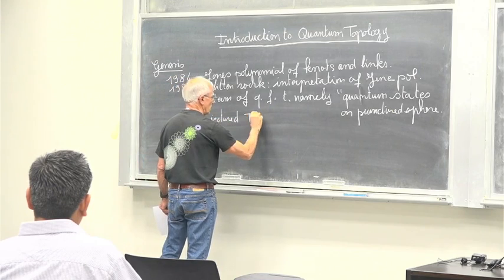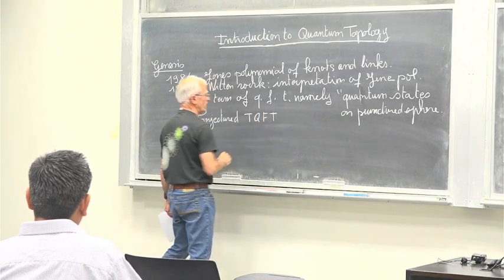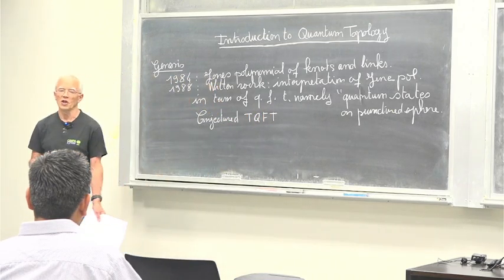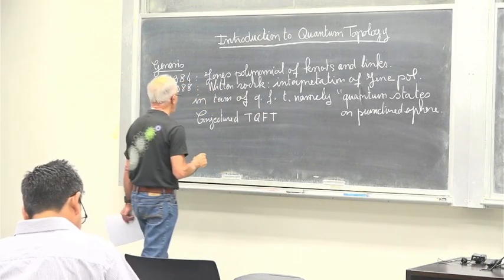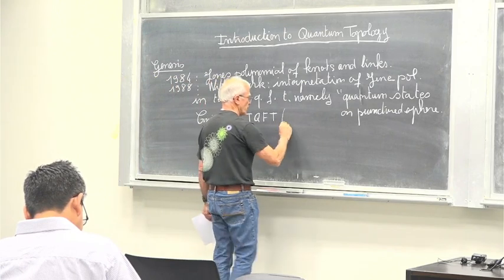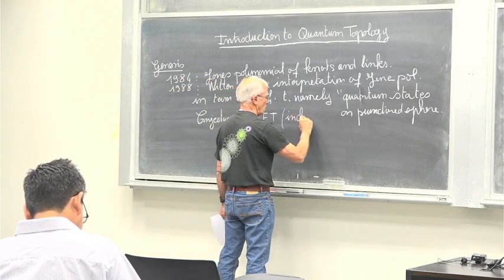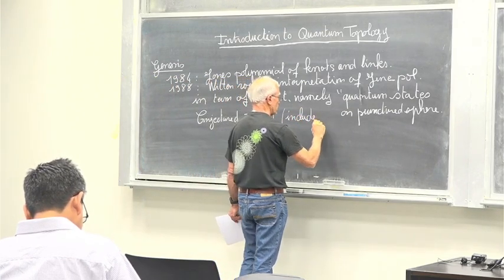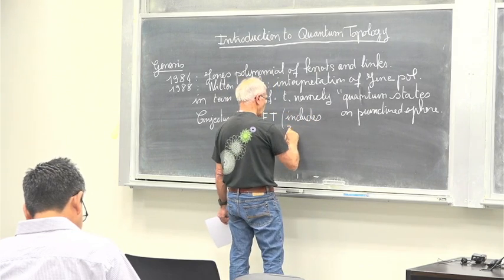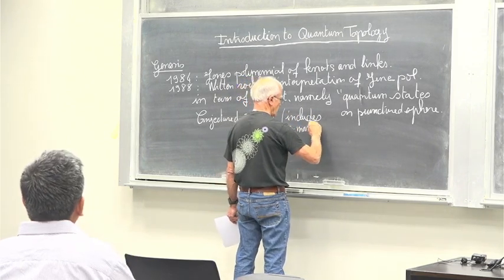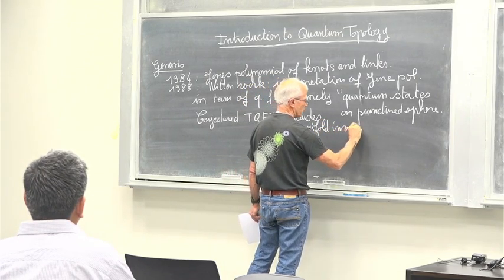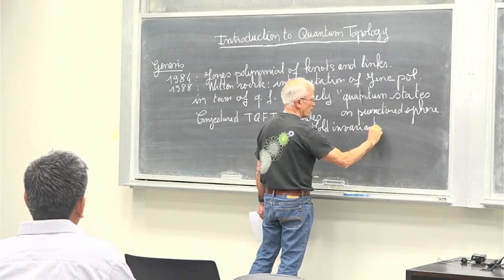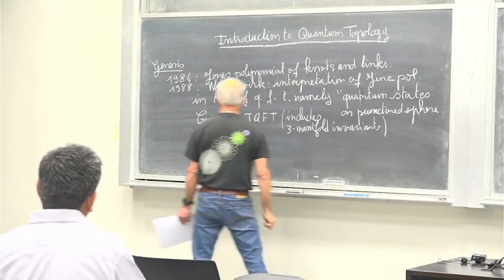And then Witten conjectured what he called TQFT, for topological quantum field theory. This includes three-manifold invariants.